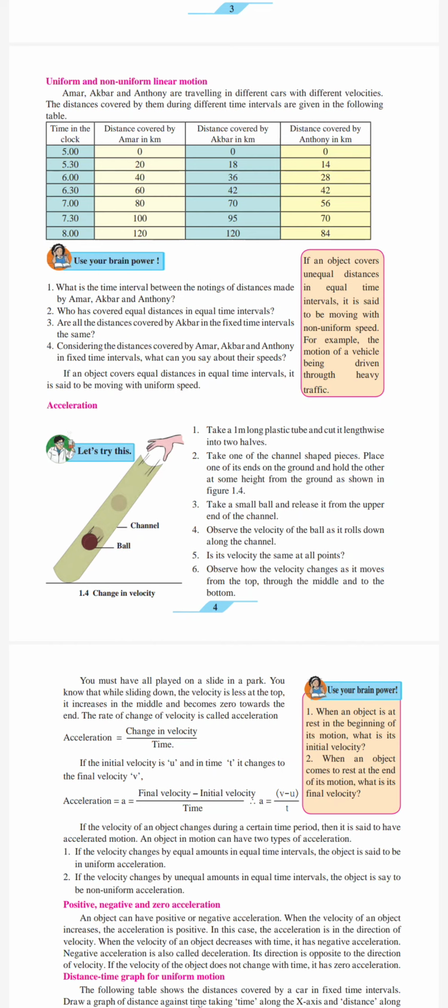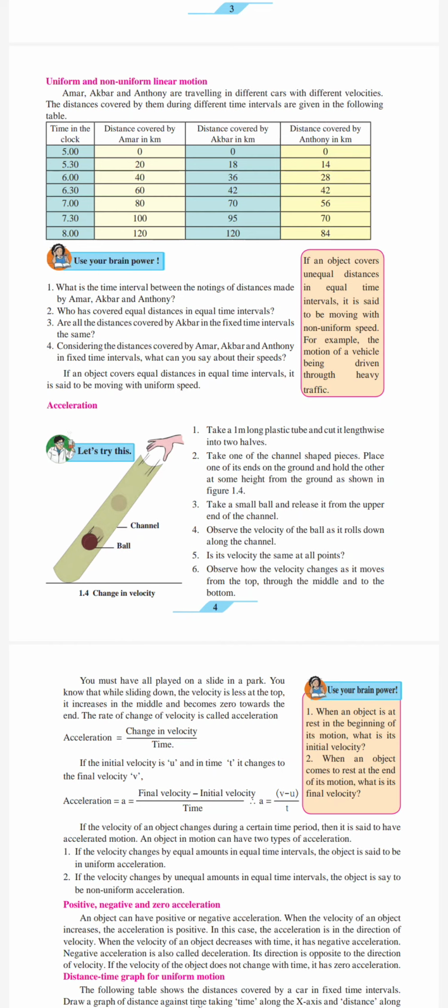When the distances are not the same at every equal interval of time, that is, at every half hour, Akbar is not covering a proper distance. So this we are calling non-uniform linear motion. It means at equal intervals of time, the distance covered is not proper.